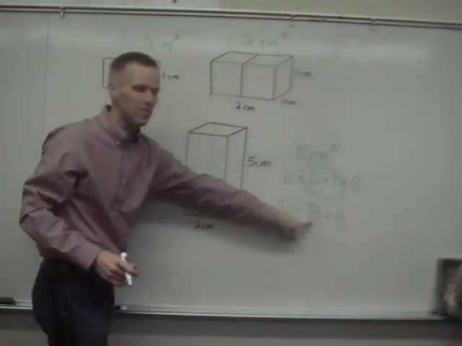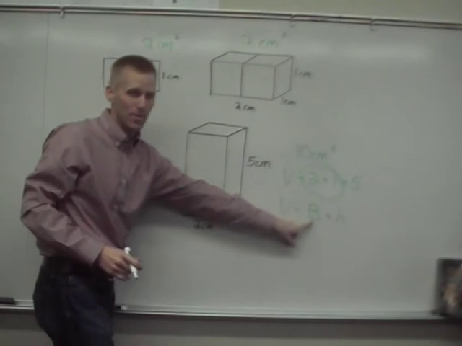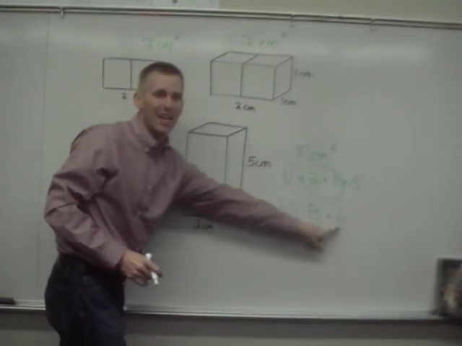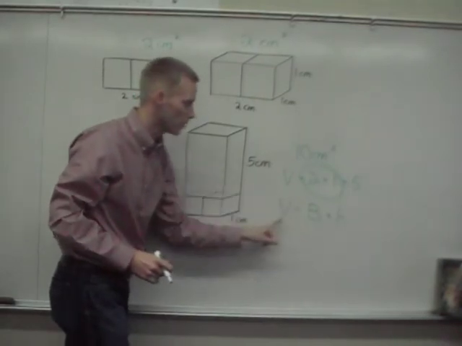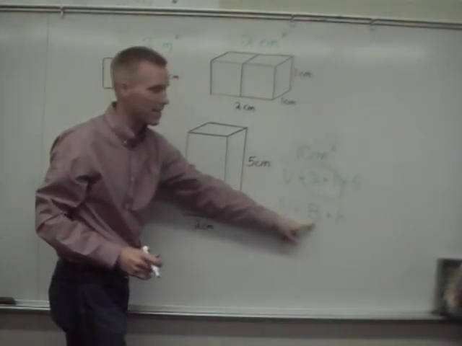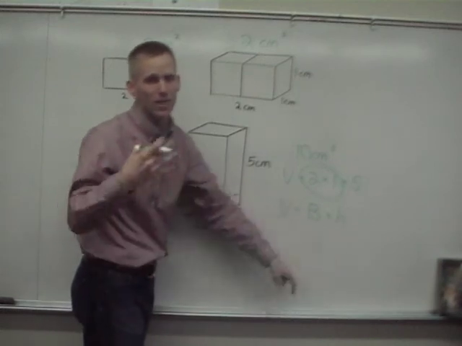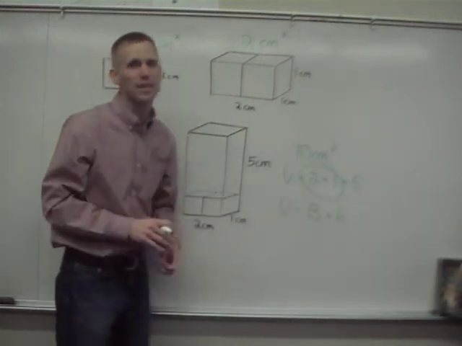It's something that happens one time at the bottom and then happens over and over again depending on what your height is. So volume equals the area of your base times height. And we'll get to a couple more videos showing examples of just that.